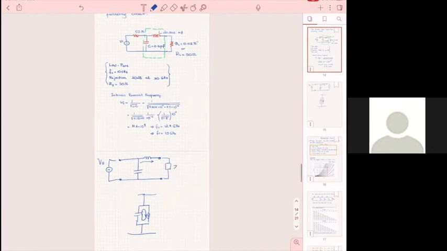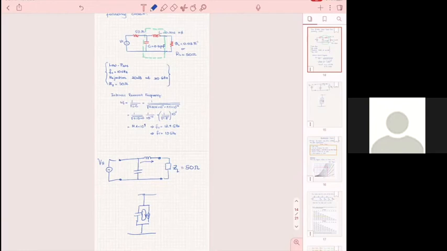Here you have a load, and your load is 50 ohms. So what happens is that you charge your capacitor, it releases energy into the inductor and goes through the load. And if the load is a 50 ohm load, then practically it's going to dissipate.